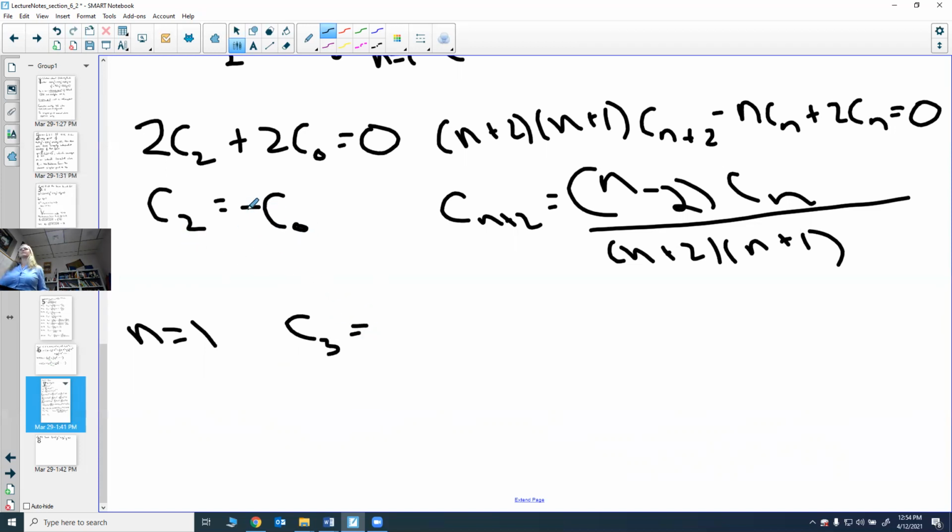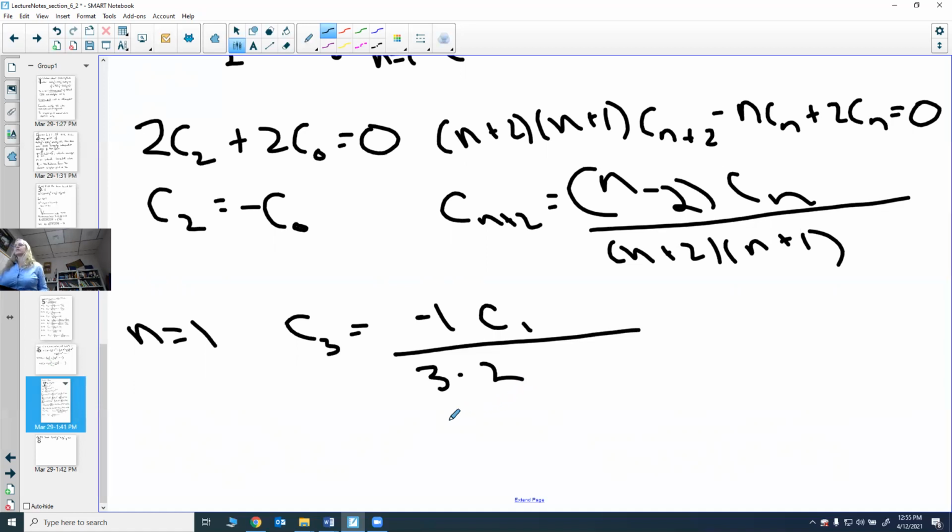Well, we don't. We know what c sub 2 is in terms of c sub 0. If I give you a c sub 0, I can find c sub 2. c sub 3 would be 1 minus 2, which is negative 1, times c sub 1 over 1 plus 2 is 3 times 2. Again, I'm not going to multiply anything out. I'm looking for patterns here if I can.